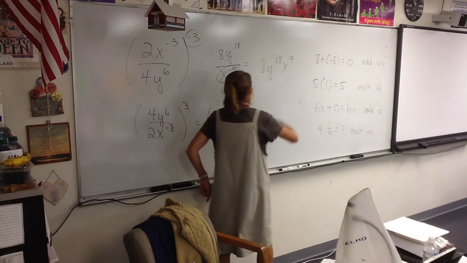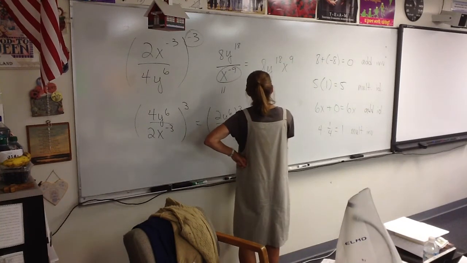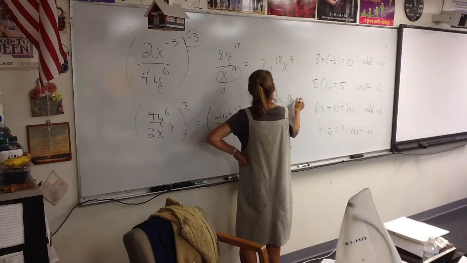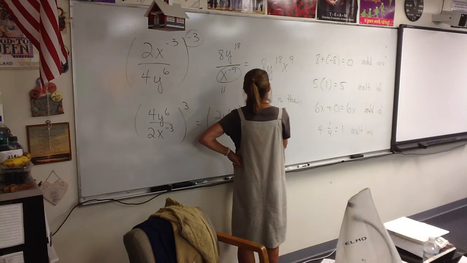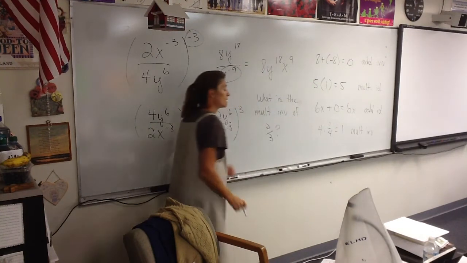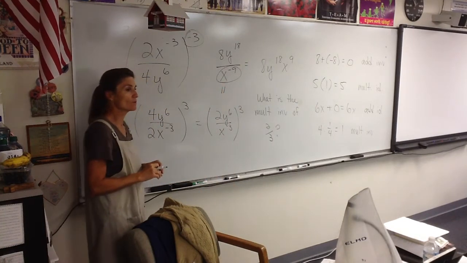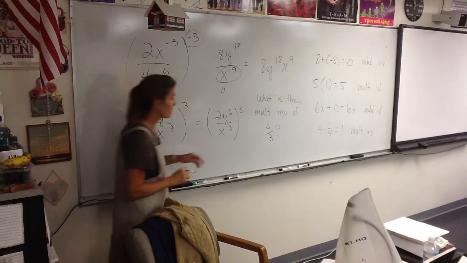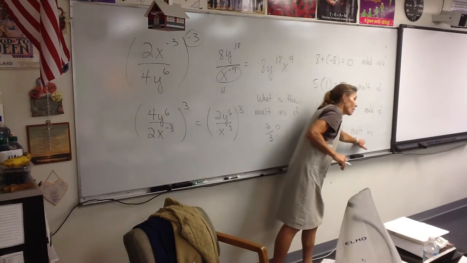Suppose I said to you on a little quiz sometime, what is the multiplicative inverse of 2/3? What would you say to me? Now remember, this is your inverse property.